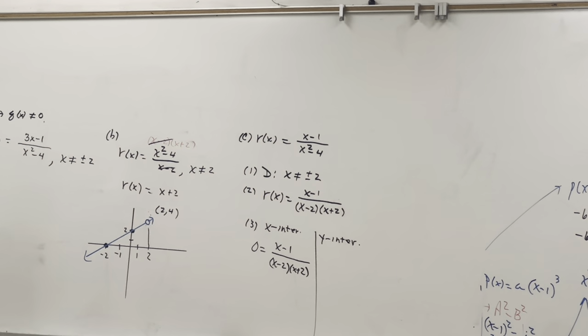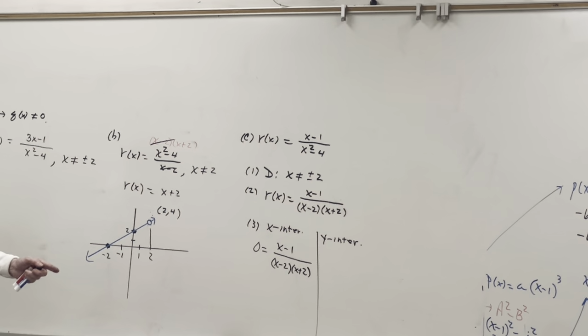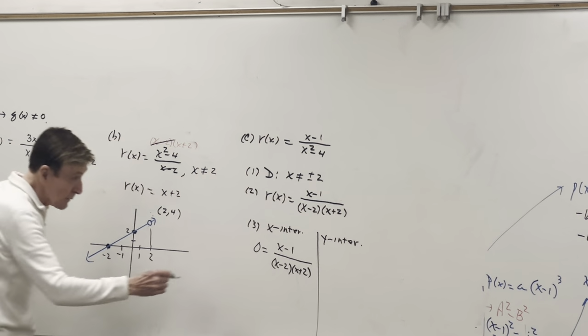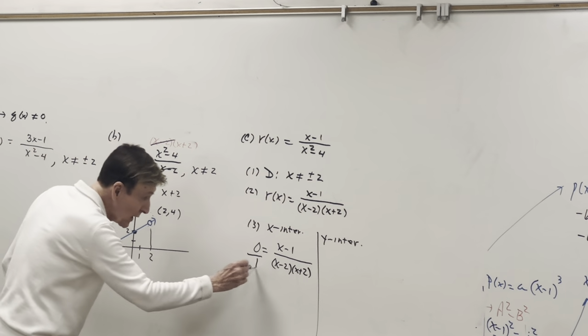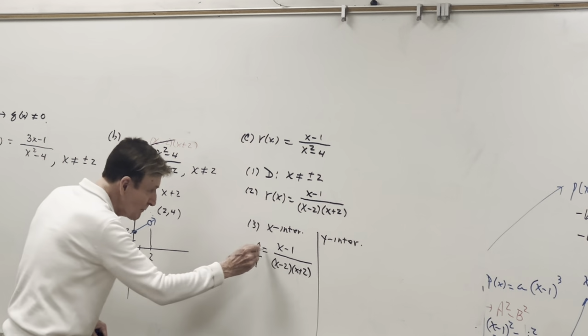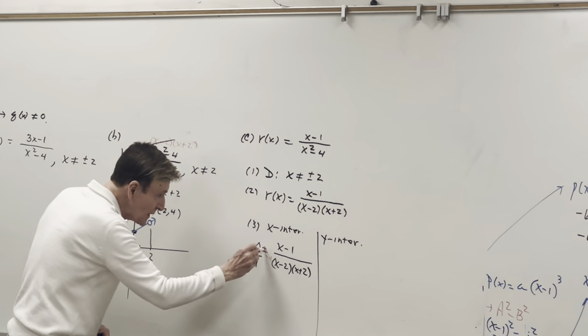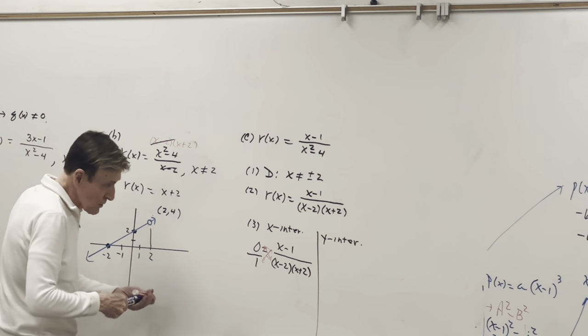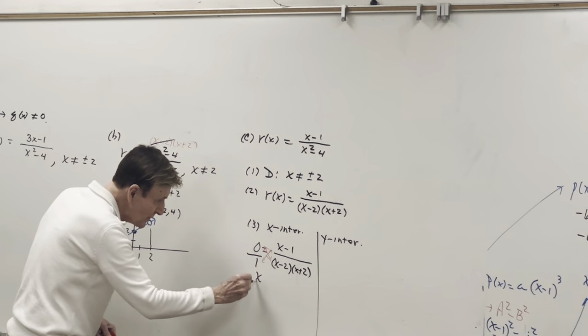We'll always do that. I would suggest, it's up to you, you can multiply both sides by that denominator, or you can do a cross multiplication. Some students will say, Professor, can I write that 0 as 0 over 1 to make it easy on myself? Of course you could. And some students will do this. So let's quickly multiply these two together and these two together. Cross multiplication. All it's going to give you is this.